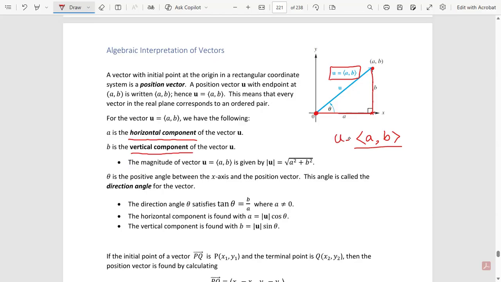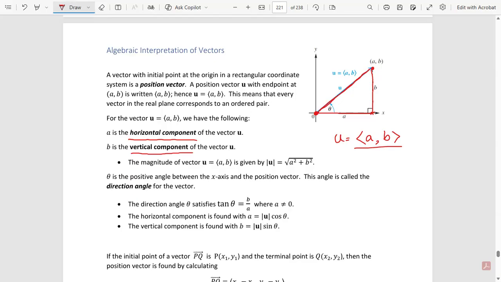And if we have the vector components a and b, and they ask us to find the magnitude or the length of this vector, we are going to use the right triangle property. Since we have a right triangle, everything that we learned about right triangles works on this one as well. We know that the length, or magnitude, of the vector is exactly the hypotenuse of this right triangle.